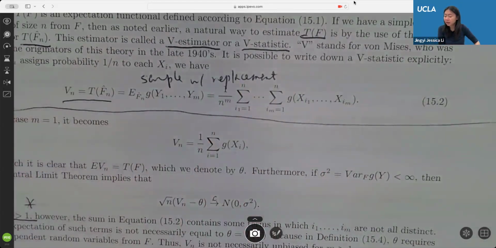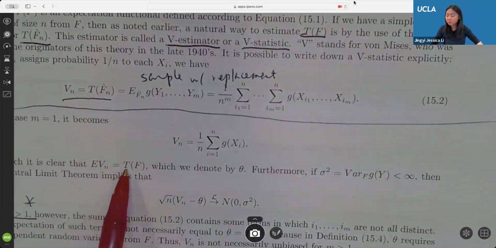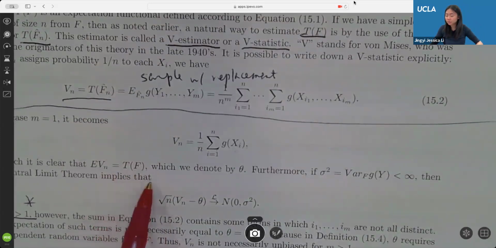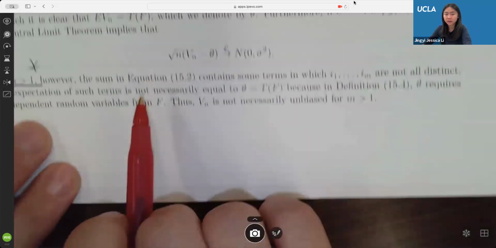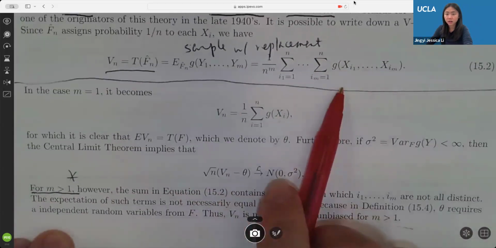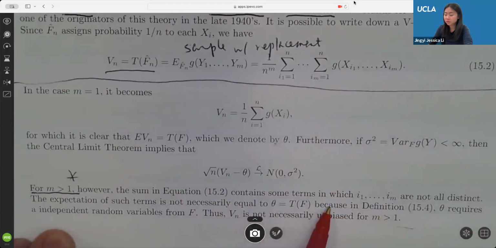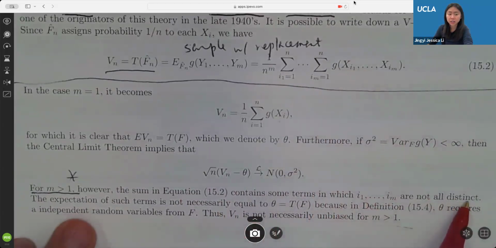Okay, but there's a problem, like I mentioned. There are repeats, and because of that, the expectation of V_n may not be equal to T(F). So this is the problem. Look at the star. For m equals 1, the equation here contains some terms in which these sampled things are not all distinct.